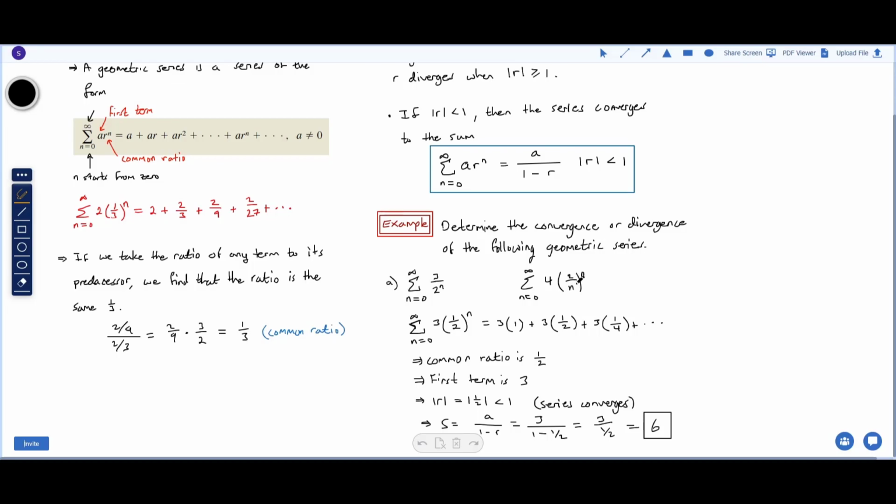This is not a geometric series because there's an n inside of the parentheses. So it's not going to be a common ratio, because every term is going to have a new value of n under here. So this is not a geometric series. Warning, because it's a common mistake. It looks like a geometric series, but it's really not.